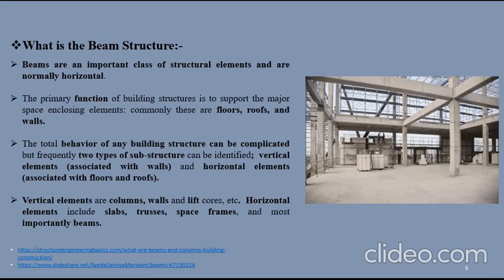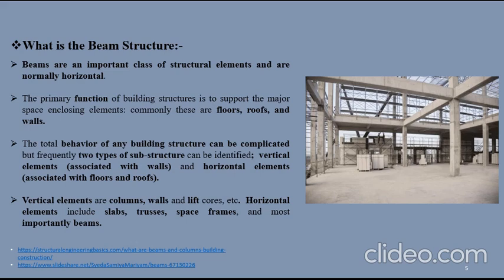Beams are an important class of structural elements and are normally horizontal. The primary function of the beam is to support the floor, roof, and wall. The total behavior of any building structure can be complicated, but frequently it can be divided into two types of substructure: vertical elements associated with the walls, and horizontal elements associated with the floor and the roof.